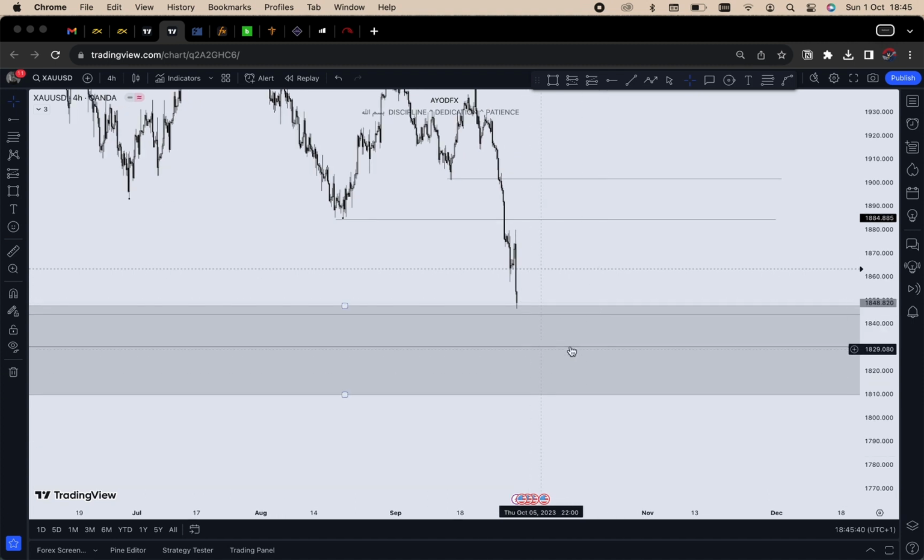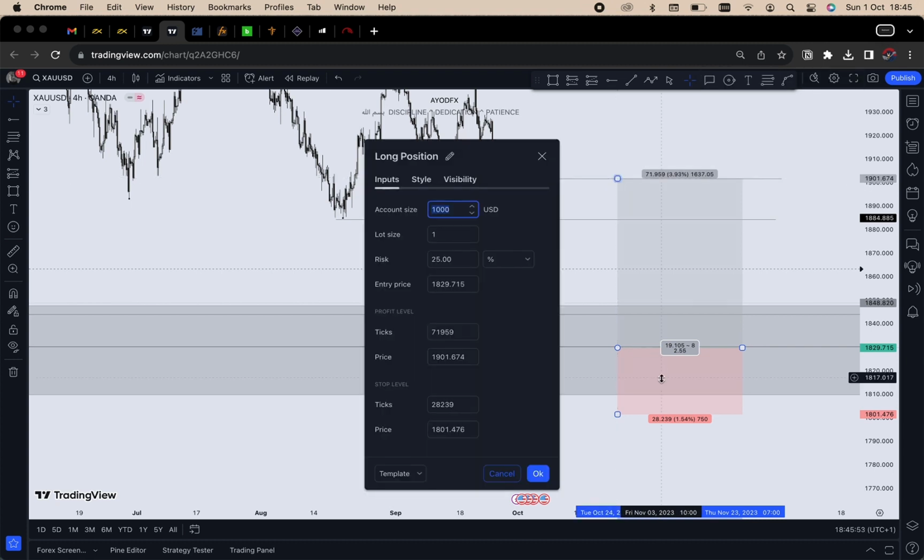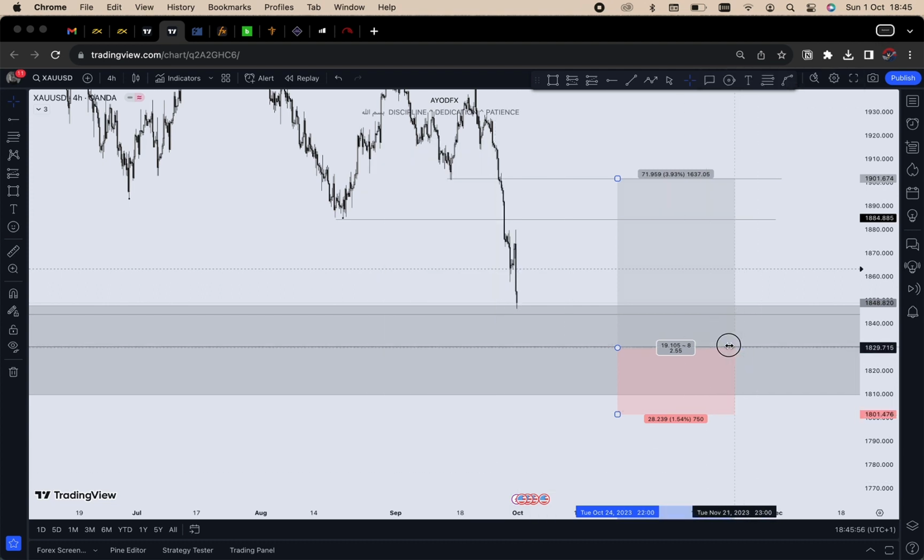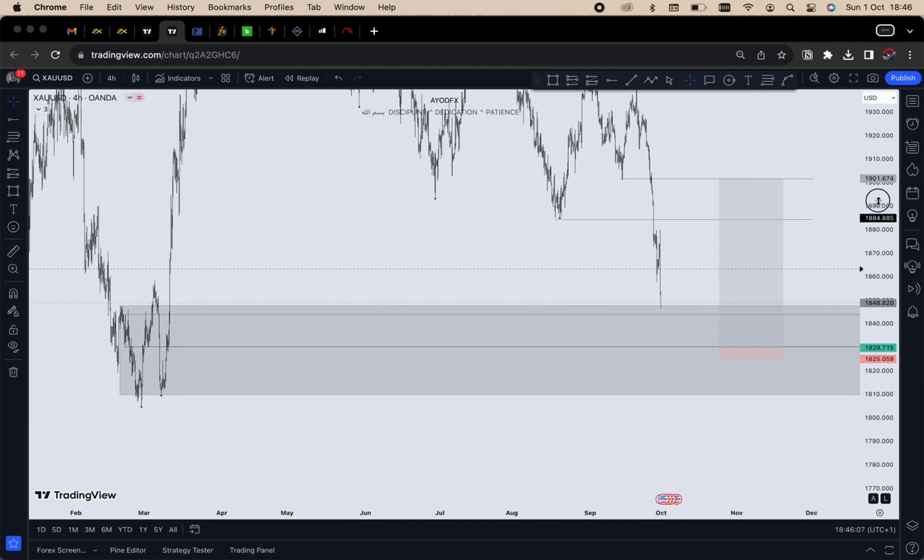Then we might follow through from here, and our target will be here or here, target for the week. So we can take a couple of trades within that push phase, or within that buy retracement. But this is actually what I'll be waiting for this week on gold.